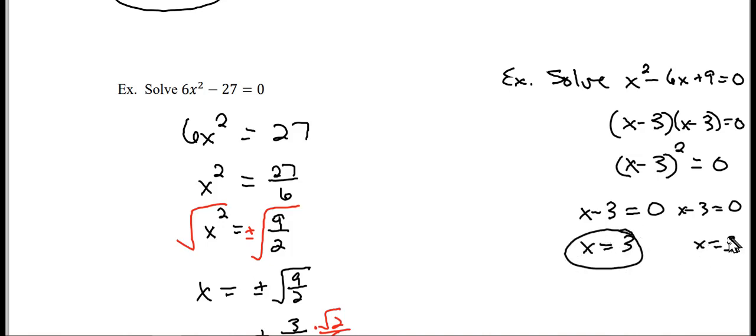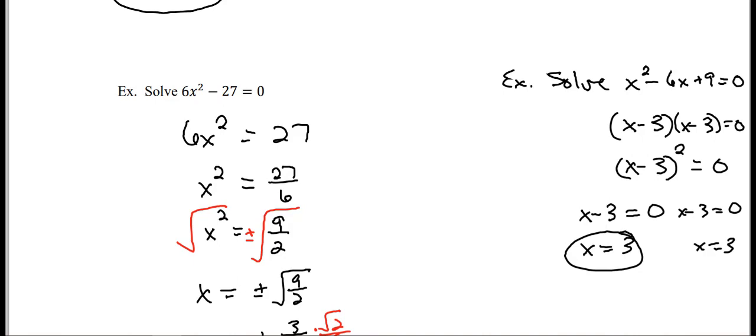So you get one solution here. We would say this solution has multiplicity 2 because you get it from 2 different parts of this equation. So there's still kind of 2 solutions hidden in there, but it's only one distinct real number.